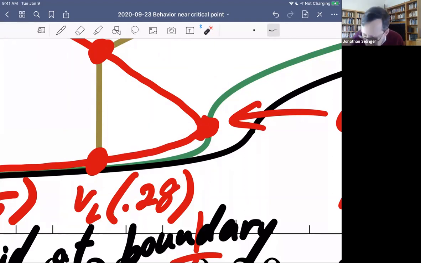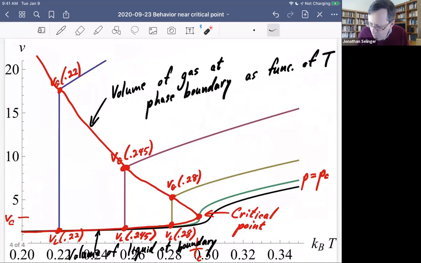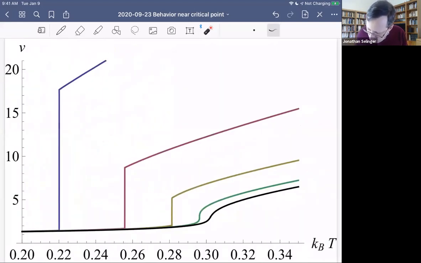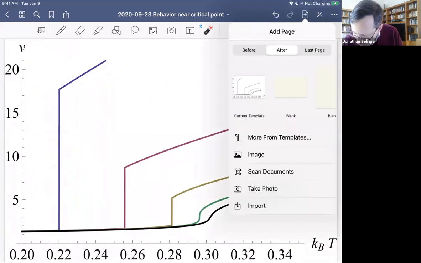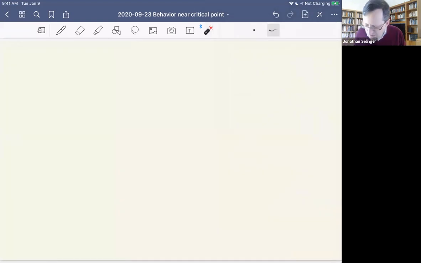So based on looking at a picture like this, we can ask, what is the trend for the difference of volumes as a function of temperature?